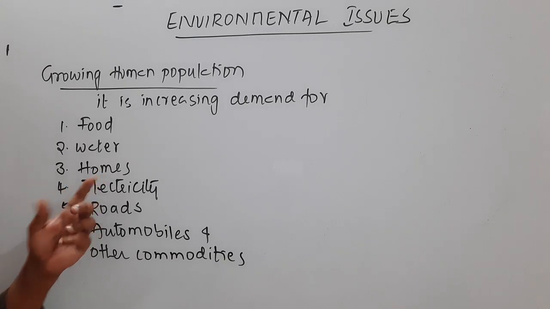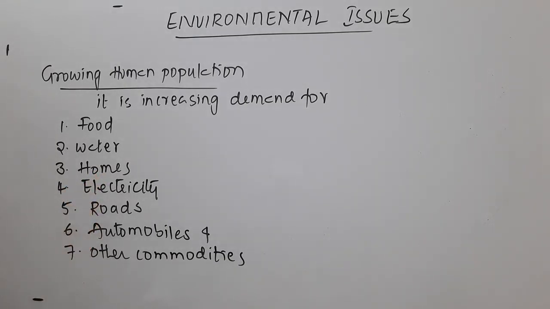Because of this, the total agricultural land is also decreasing day by day. We are converting forest areas into agricultural land, and in course of time that agricultural land is converted into plots and used for constructing homes.